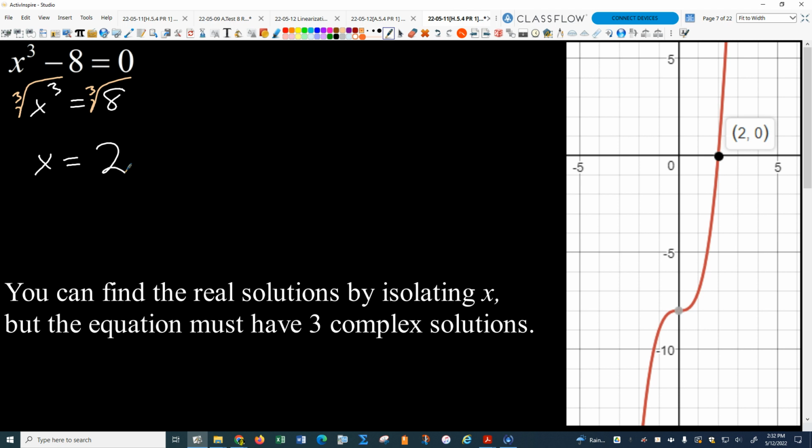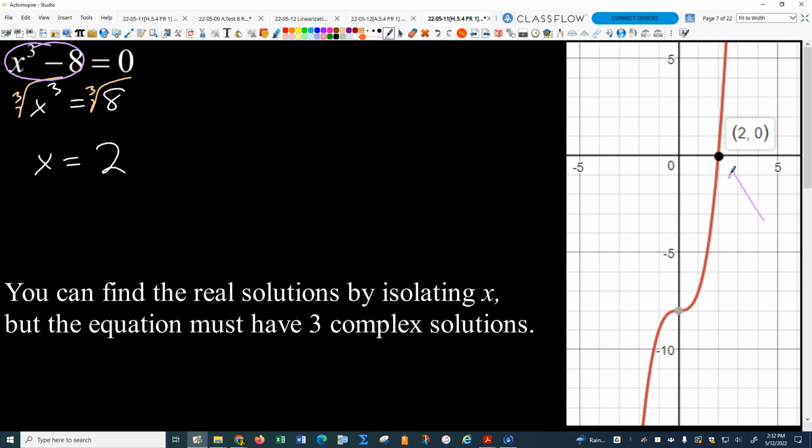I started off with a third degree polynomial. How many solutions are there? 3. There are 3 complex solutions, and I only got one of them. Now, the good news is I got the only real solution, which is 2. If I were to graph this function, here's the graph.